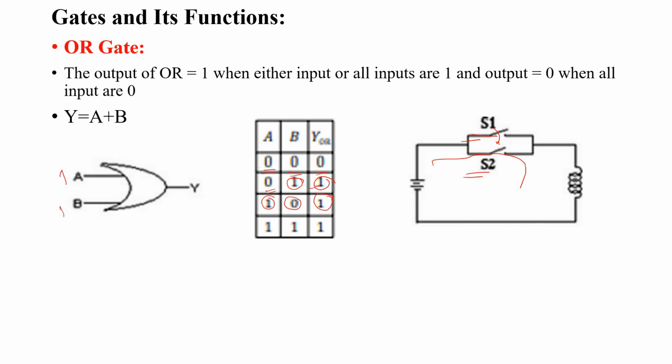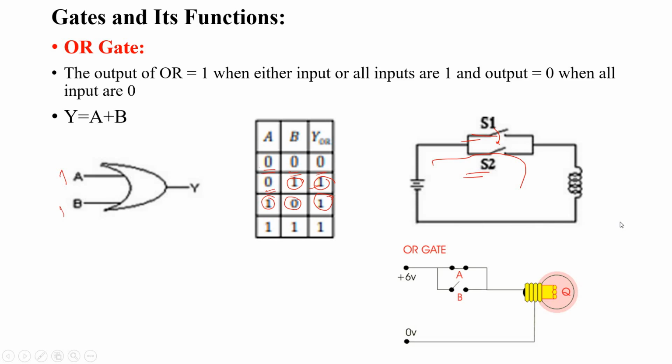So you can choose the S2 path and complete the loop, right? So A or B: path S1 is available to you, or path S2 is also available to you. That means you can complete your loop. That's why it is called OR logic. Here is the example of this one.